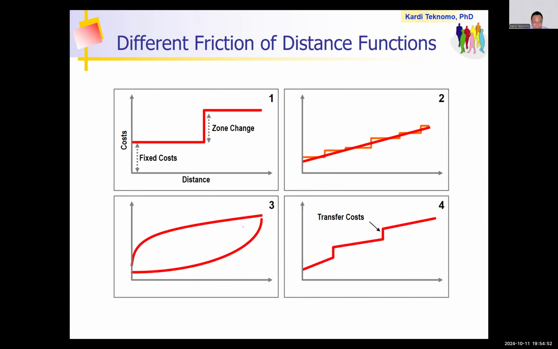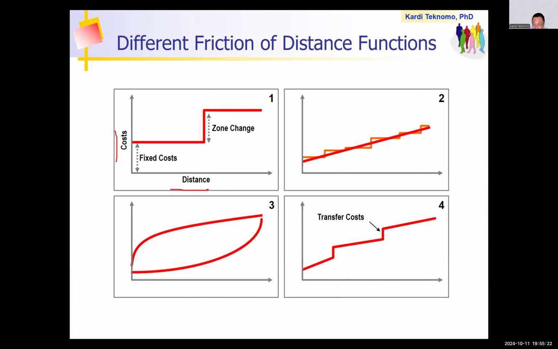So we can also create an example of a model. A while ago, we used this. Now you can also put the difference between distance and the cost. For example, if this is public transport, there are certain fixed costs. After certain distance, when the zone changes, it will increase suddenly. Or if the zones are very close to each other, you can make it linear.